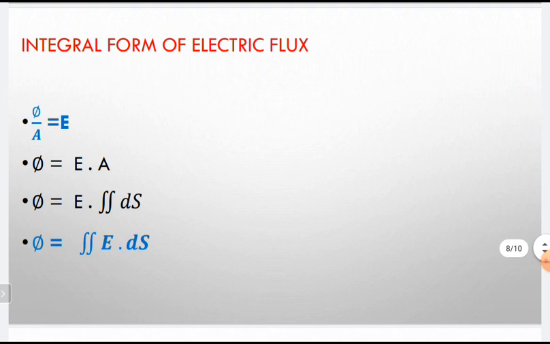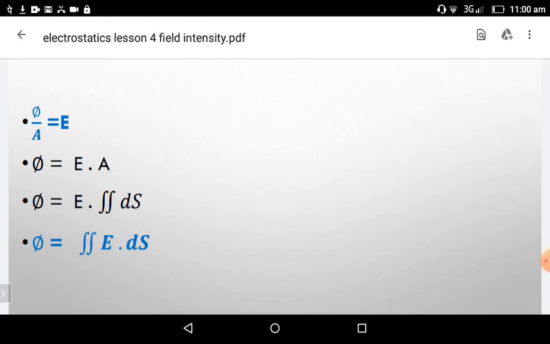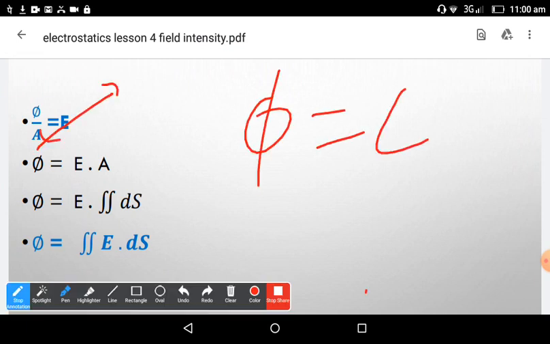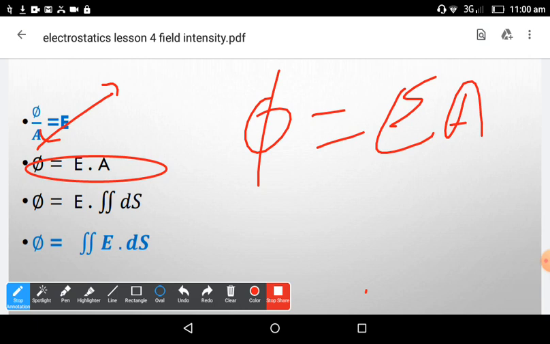Integral form: phi by A equals E. I just cross multiplied these two. Then phi equals E A. This is what I have written here.